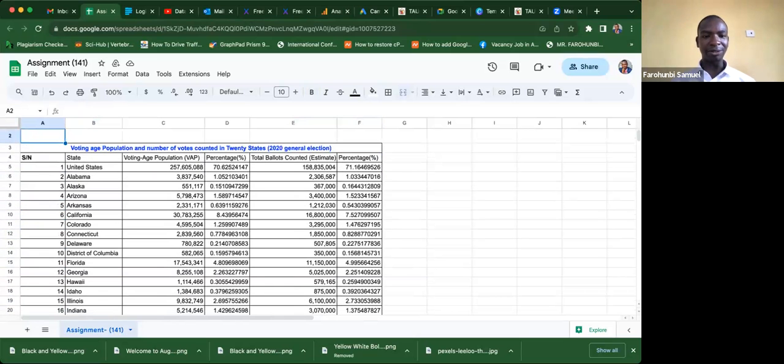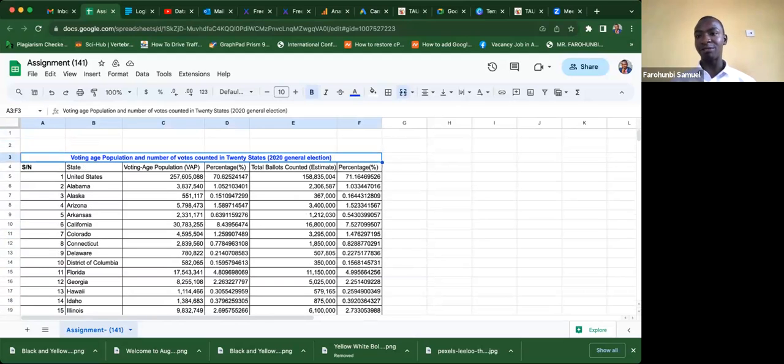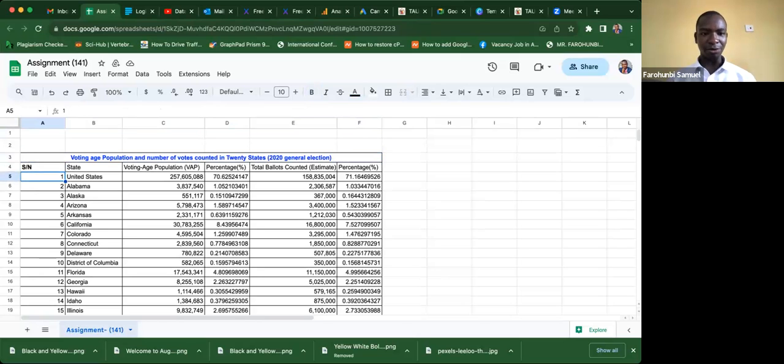So a table is a very, very simple way of presenting data, and almost everybody should be able to do that. This is a multi-dimensional table because you are dealing with different variables.